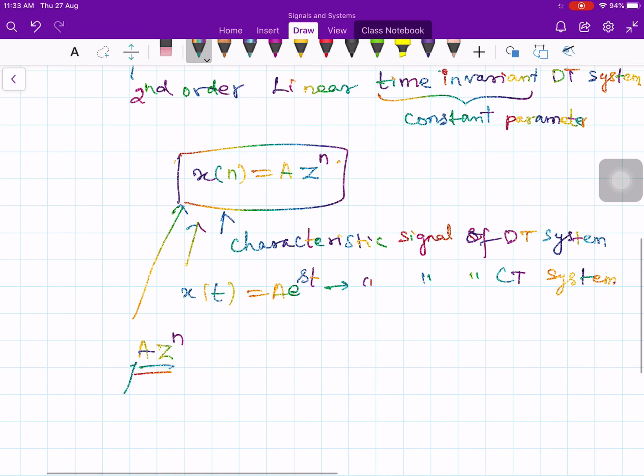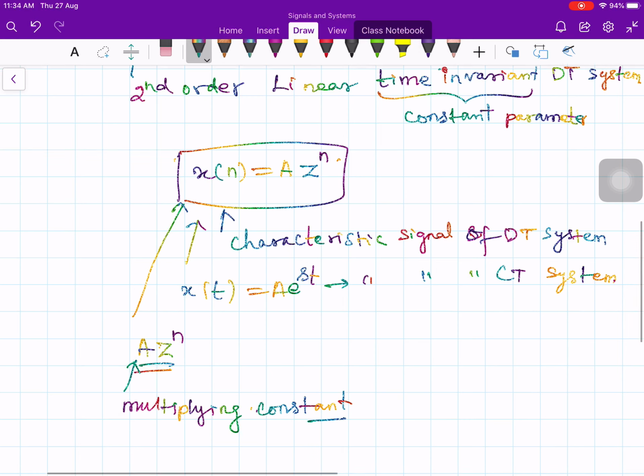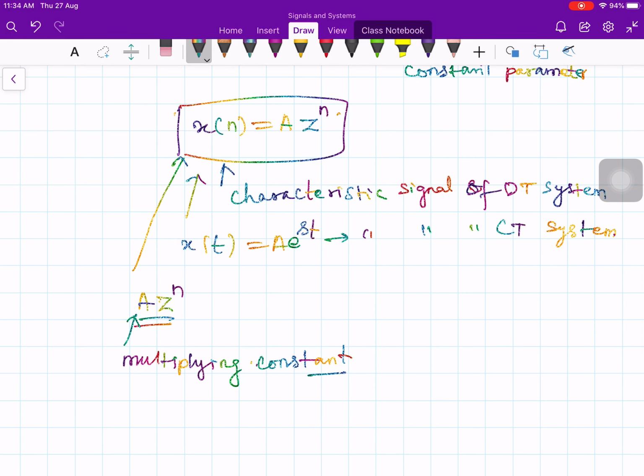Okay, what is a here? a is some multiplying constant, it can be 1 also. It is not an amplifying constant, it is some constant. Now for the time being, we disregard a, we are not going to consider it.